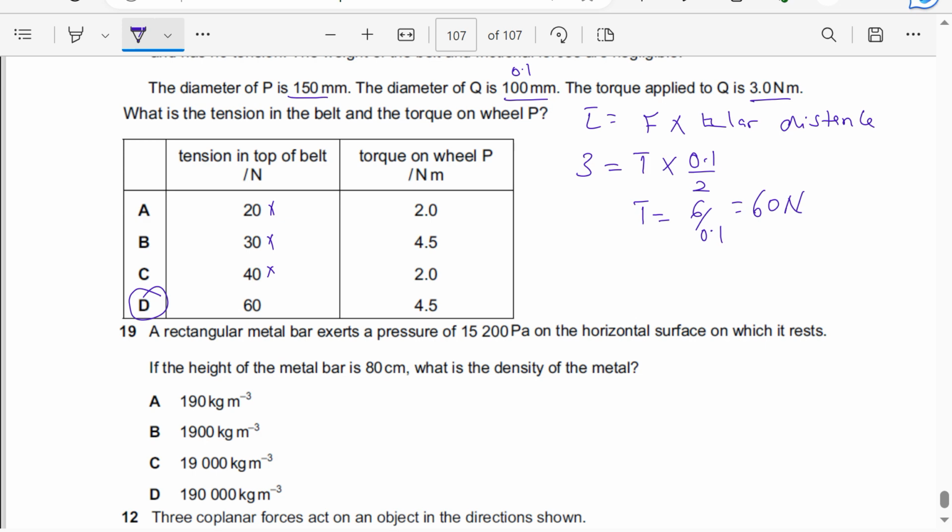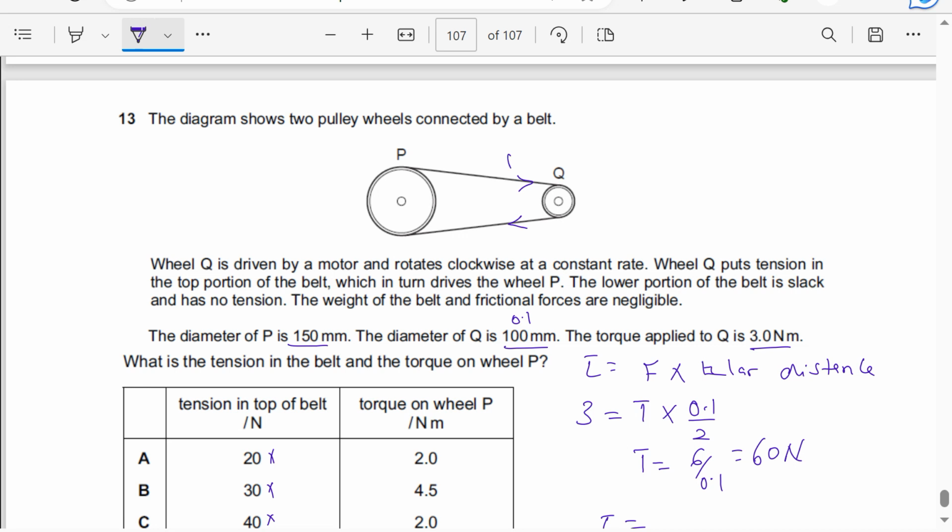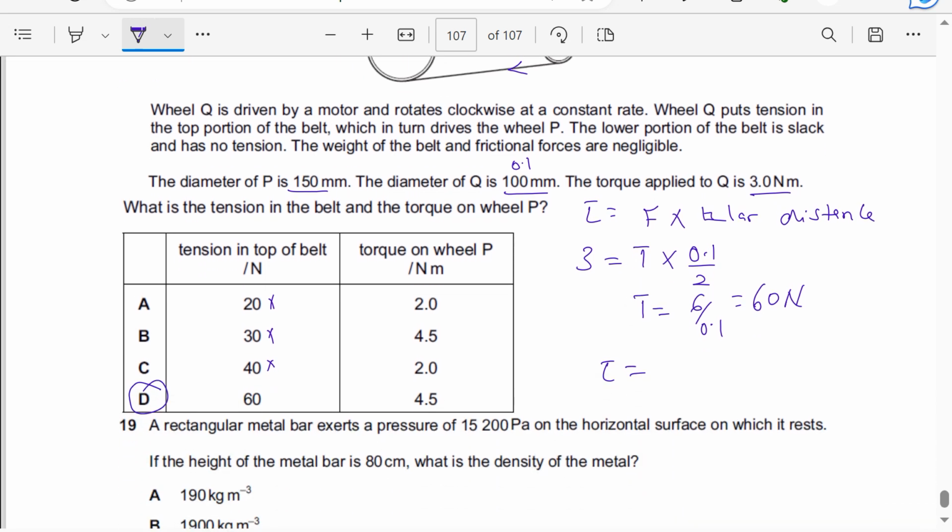The tension is the same because they are connected on the top, so it is 60 newtons times the perpendicular distance from the rotating point. It is 150 divided by 2, which is 0.15 over 2 to get the radius, and this gives you 4.5 newton meters. So automatically the answer is D.